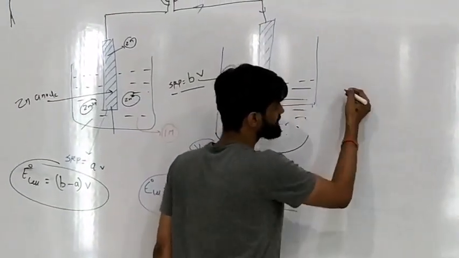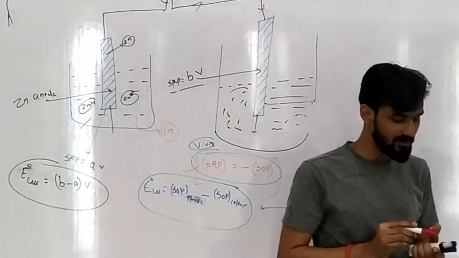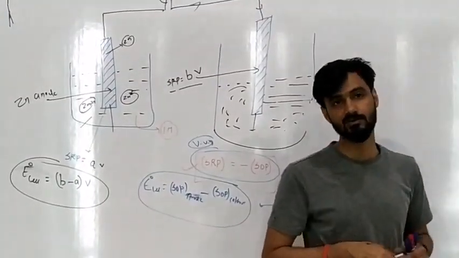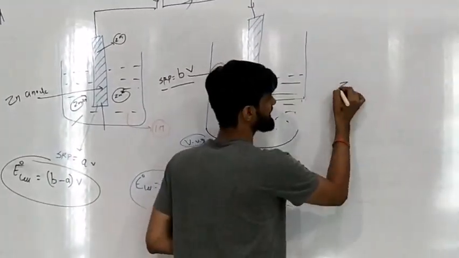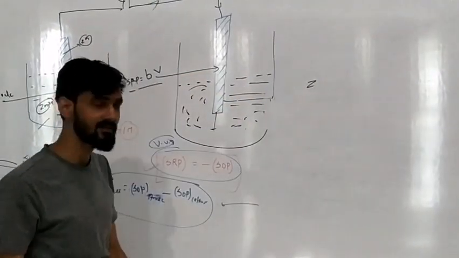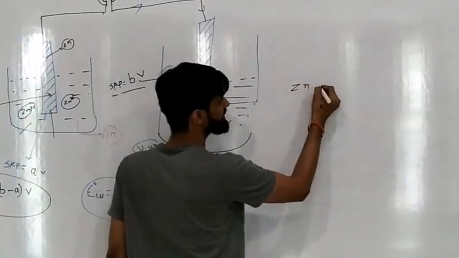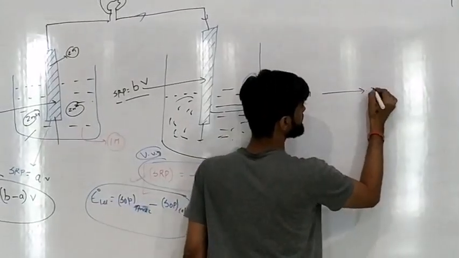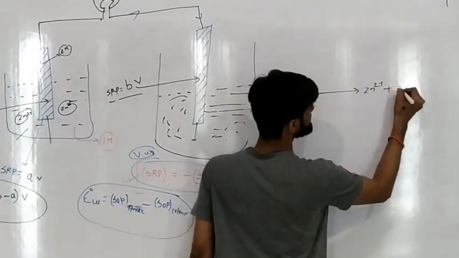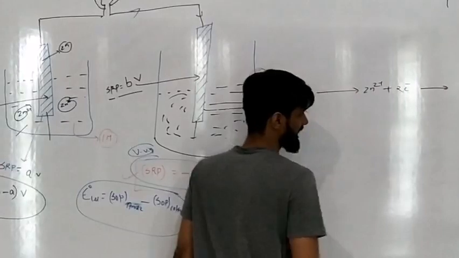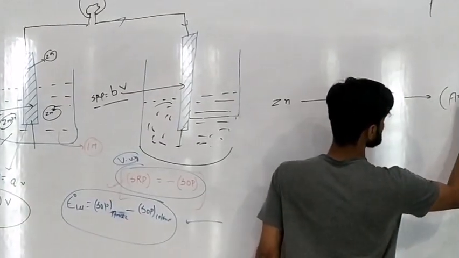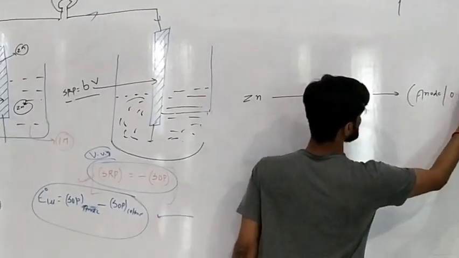What I have told you earlier: on the anode, the oxidation reaction takes place, so there is an increase in oxidation state. In the anode compartment, Zn was getting converted into Zn2+ plus 2 electrons, and this reaction is called the oxidation reaction.